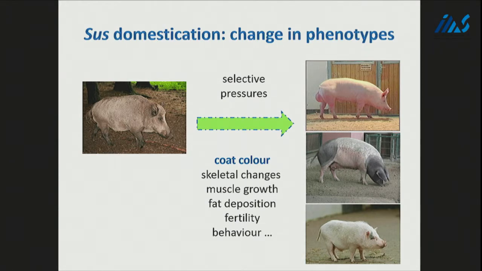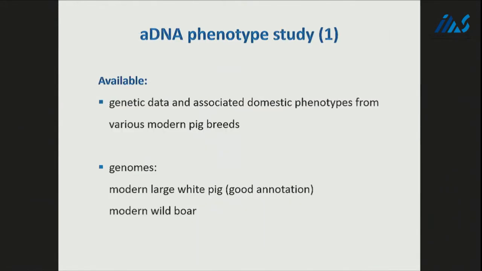Humans put a lot of selective pressure on the first populations, and we know from studies of other animals that coat color changes were the first that occurred. But also other changes like skeletal changes, muscle growth, fat deposition, fertility or behavior. So we thought about an ancient DNA phenotype study, and one advantage is that based on various modern pig genetic studies, we have lots of data for these breeds, and we also have their associated domestic phenotypes.